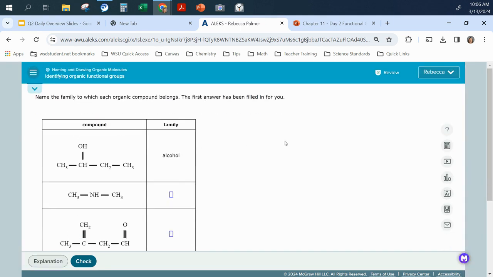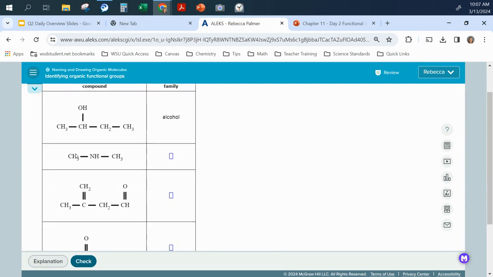Functional groups. This one we're just identifying. It gives us an example. You don't get credit for the example on the test. This is just to tell you, okay, we're looking at this OH group. In this one, we have carbon connected to a nitrogen, and then connected to a carbon. Usually we're looking at the heteroatoms, meaning look for something that's not carbon and hydrogen.